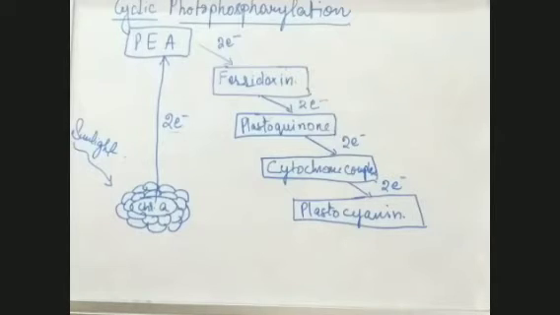Now, when it travels downhill, this is the light reaction which is going on. In the light reaction, high energy compounds are formed. Which high energy compounds? ATP and NADPH. Here, no NADPH is synthesized, only ATP is synthesized, at two steps.